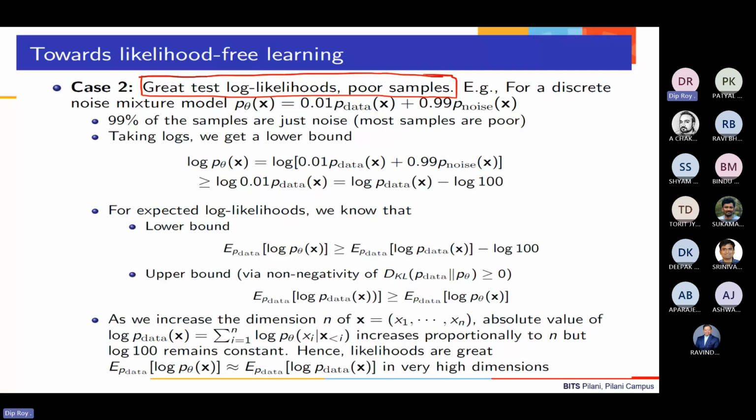Point number two is whenever you are working with log likelihood, you have some constraints in your design. You have to design your generative models in such a manner that you somehow have access to the likelihood, be it in the form of autoregressive or normalizing flow models, or you have indirect access to the likelihood, for example, in case of a VAE.